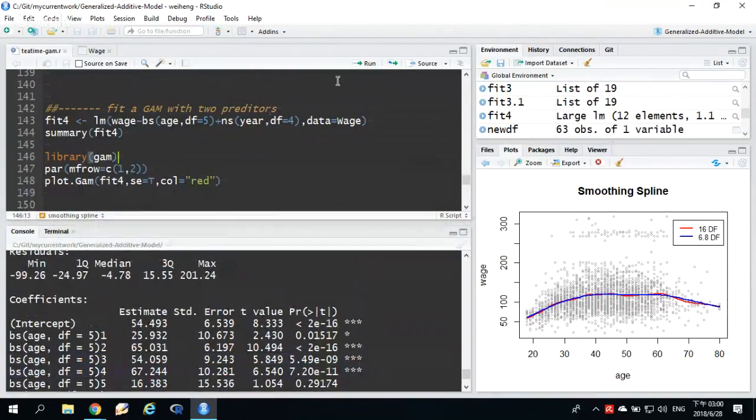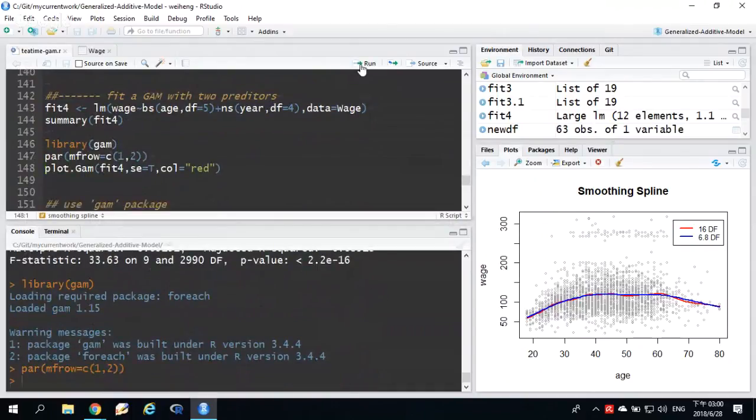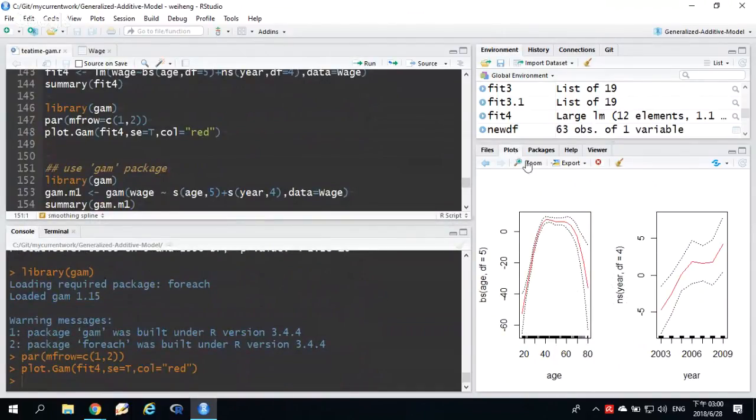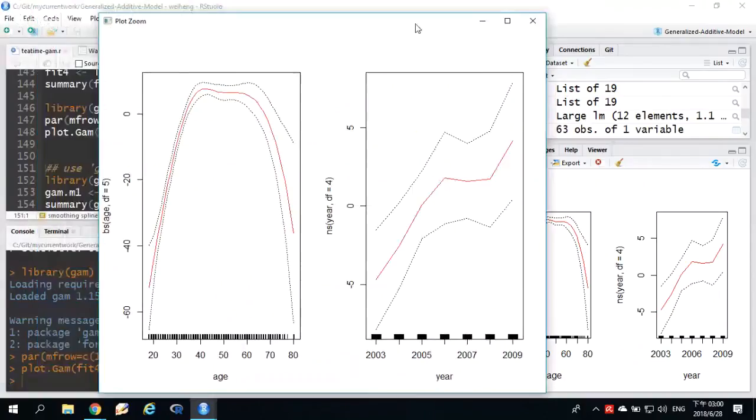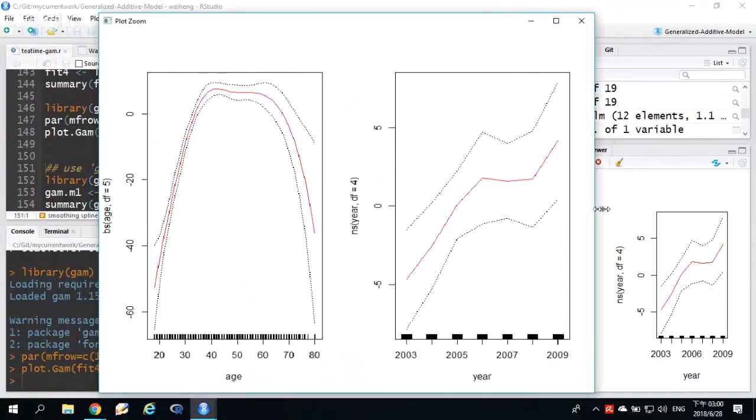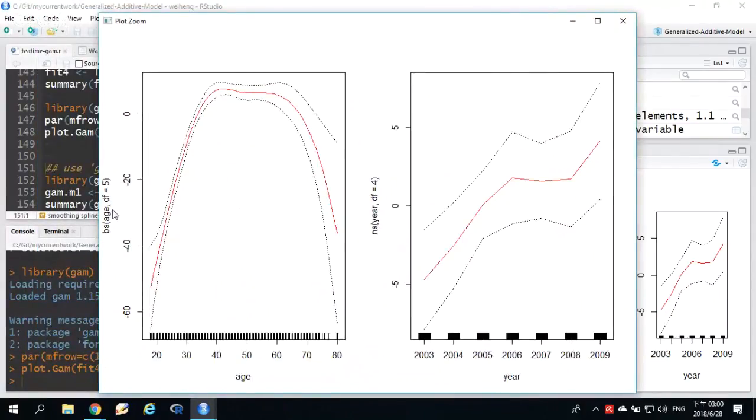And then we can plot each f function. The first one is the bs versus age, the first predictor, and the second is the natural spline versus year, the second predictor.